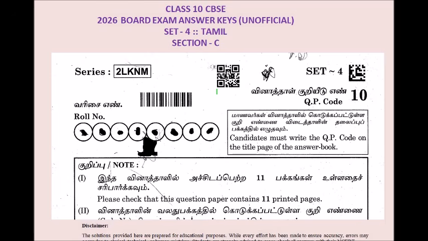Good morning to all. In this video, I am trying to solve the 2026 board examination Tamil question paper section C. In this, we are solving only the 7th and 8th questions.